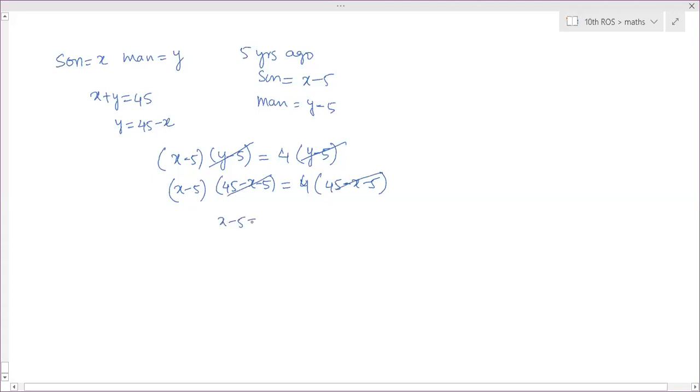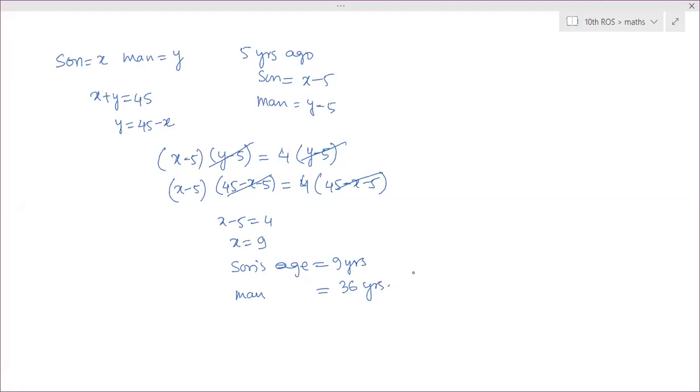So x minus 5 is equal to 4, x is equal to 9. So son's present age is 9 years. And man will be 36. 45 minus 9, that is 36. Ma'am, I did it in a different way. I took man's as x and son as y, and I got the same.